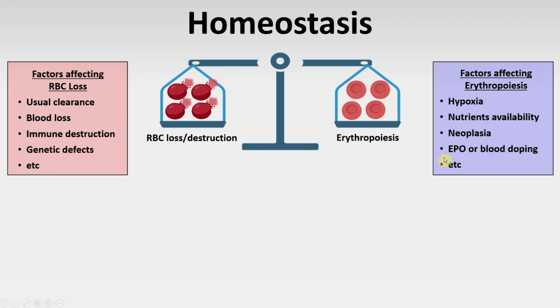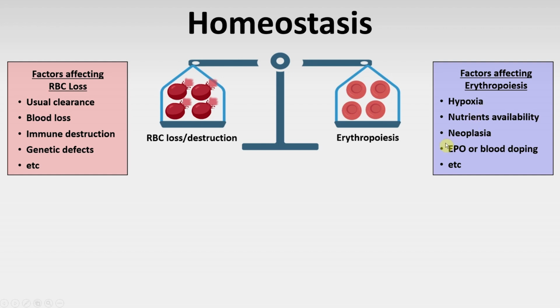And there are also factors that affect the process of erythropoiesis. As I've shared previously, hypoxia is one big stimulus for increased erythropoiesis. Of course, when erythropoiesis happens, the necessary nutrients need to be there as well, for example, iron, folate, as well as vitamin B12.